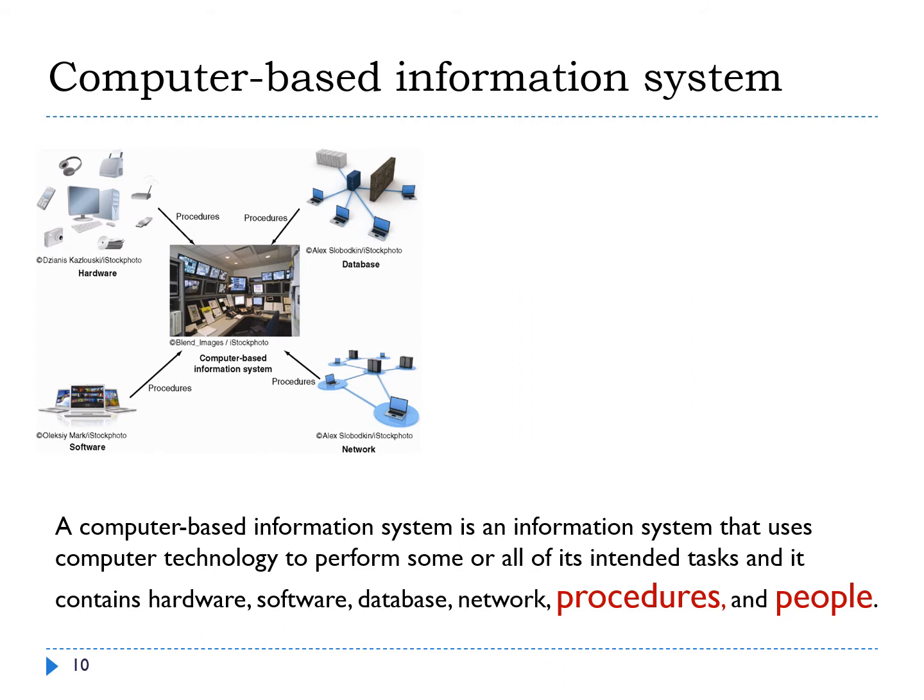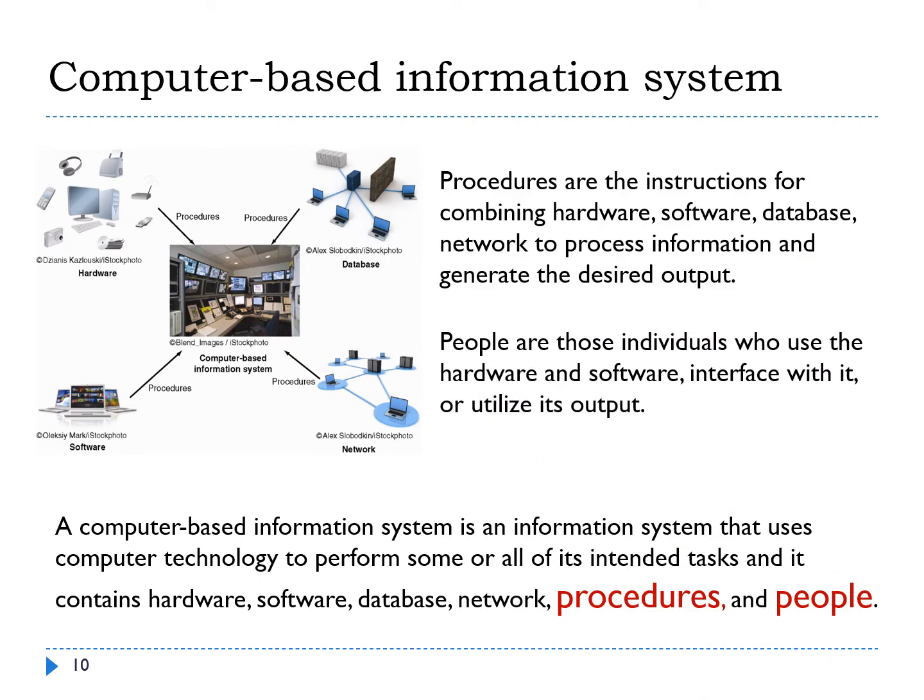One thing we need to pay attention to here is that hardware, software, database, and network are the information technology components. A computer-based information system needs procedures and people to make these technology components work. We need to know the definition of procedures and people here.